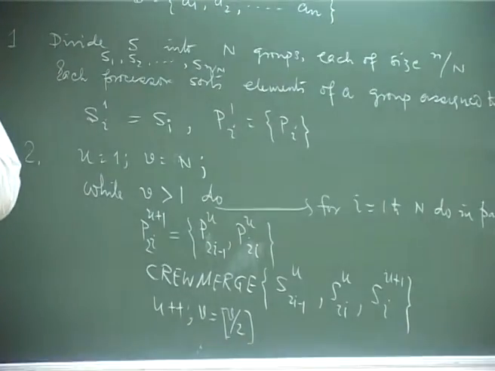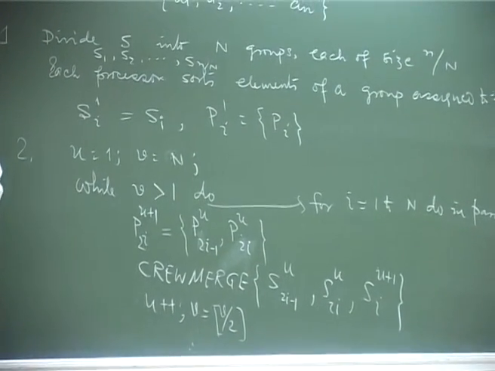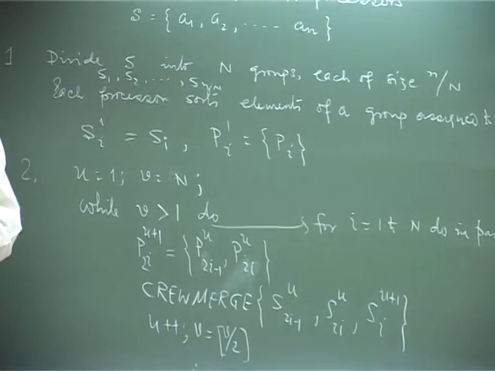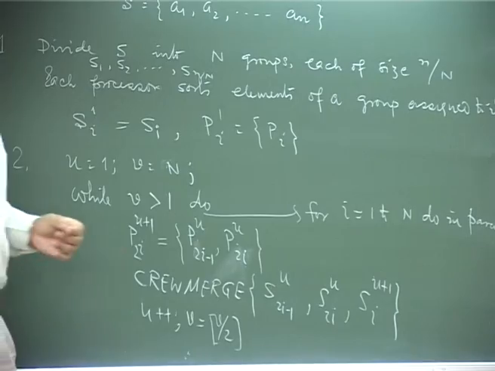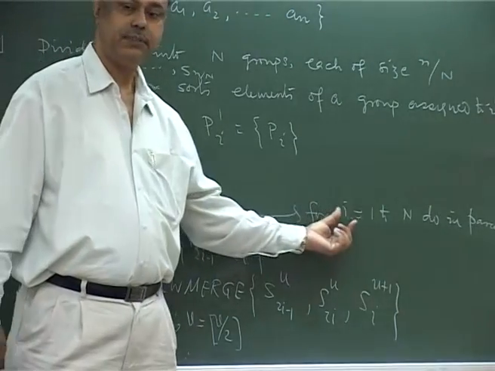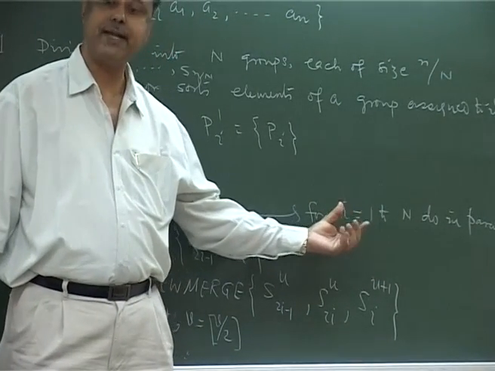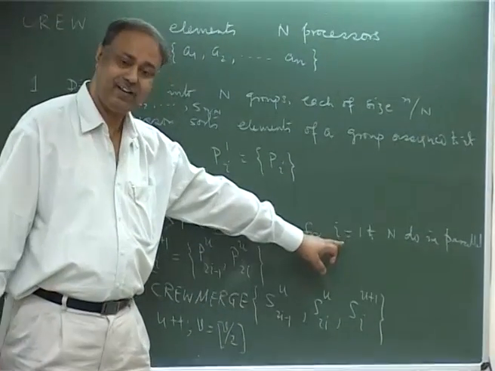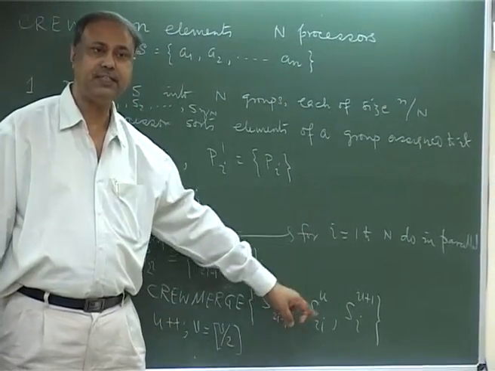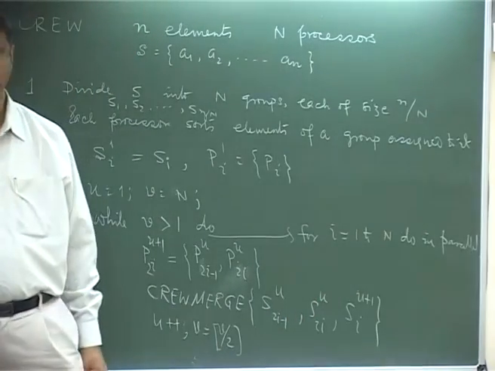For all the n processors, we are doing this. We activate, but this is not iterating anything, right? This is to tell you that this many processors you are activating. So this i is dependent on this. So how can you tell that this is outside the for loop?